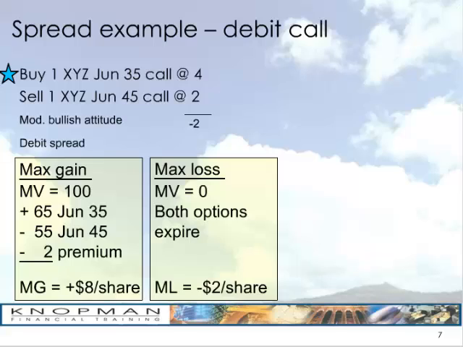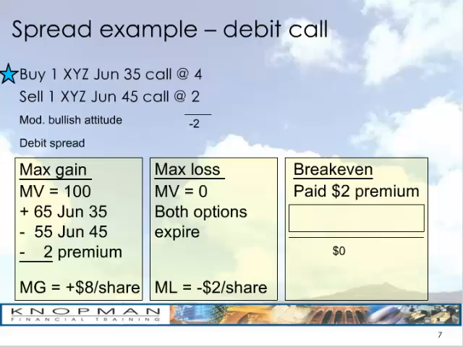And finally, for break even, just like before, we paid a $2 premium. That's our $2 net premium. So which option do you think the break even will be based off of? Well, it's going to be based off the dominant position. So we paid a $2 premium, so we'd have to earn $2.